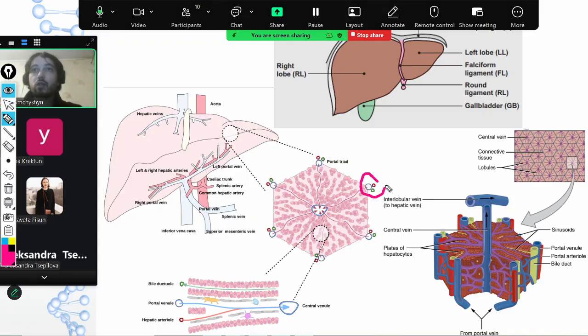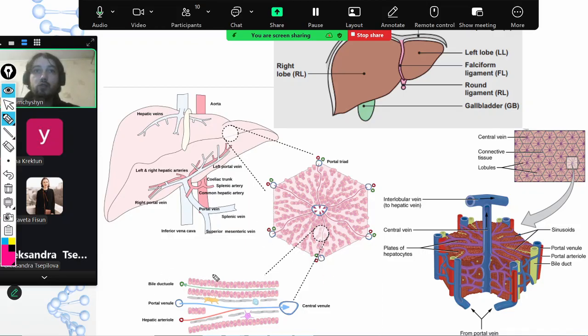Here is the so-called portal triad that contains a portal venule, a portal arteriole, and a bile duct. Bile is produced into that bile duct, and blood is supplied through the portal venule and arteriole into this small part of the liver.